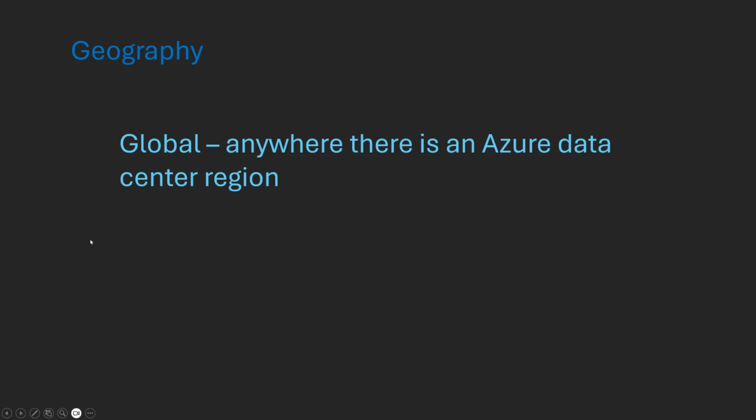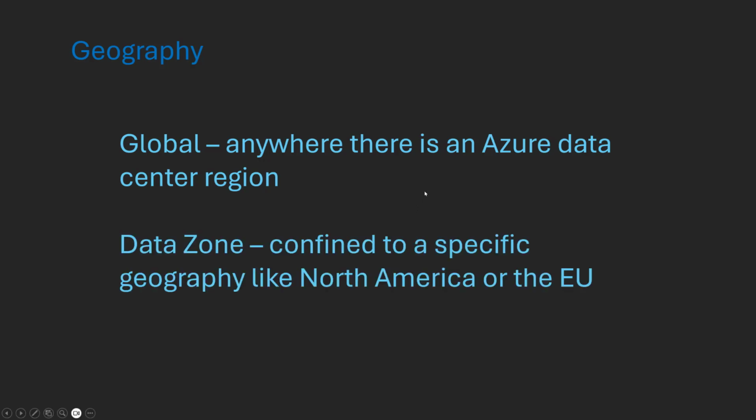Geography. Global. This is your large language model could be deployed anywhere in the world, actually anywhere where there's an Azure data center, any country, any region within that country. So that's global. Then we have data zone. If your data residency requirements require you to only have the calls to this LLM in North America or the European Union, then you can do that.